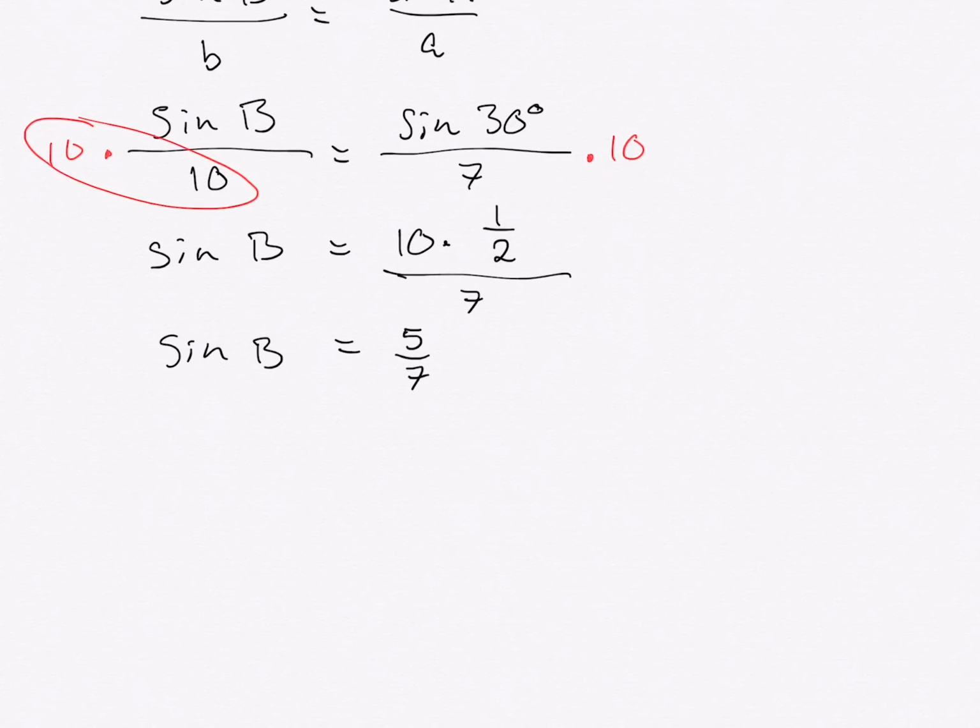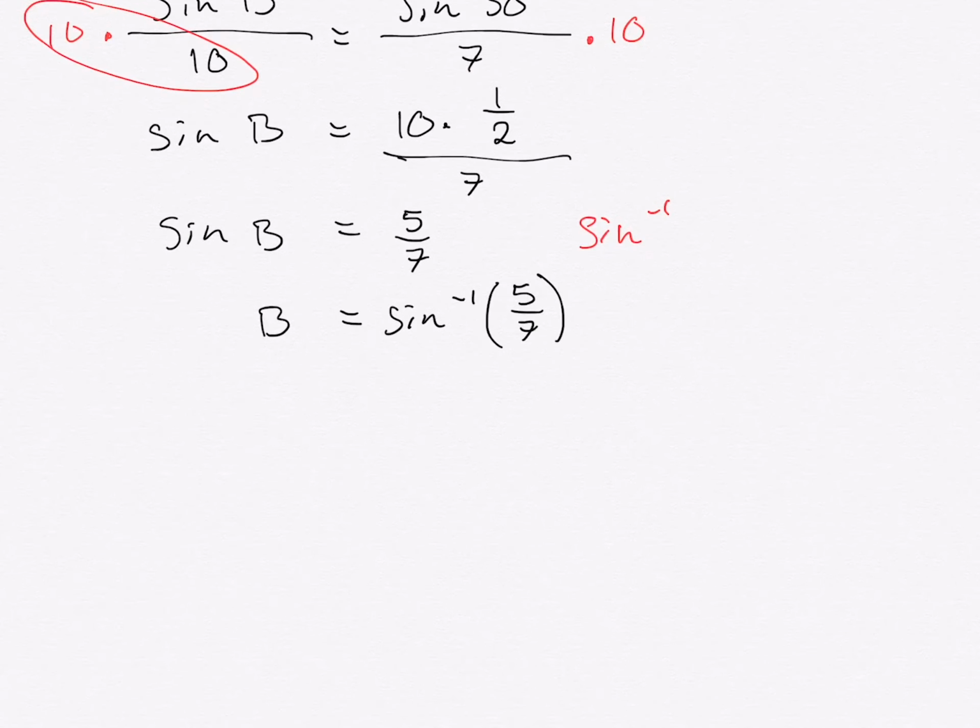In order to find angle B, I'm going to take the inverse sine of both sides of my equation. That looks like sine to the -1, but we say inverse sine. That cancels out the sine on the left-hand side and says that we now have to take the inverse sine of 5/7. You'll need, at the very least, a scientific calculator in order to do this.